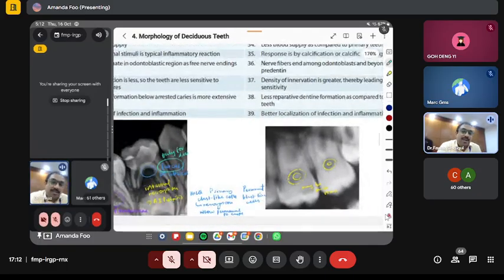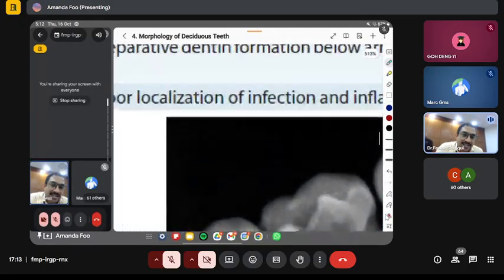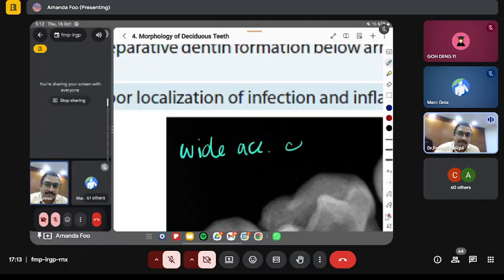Okay, so what happens is infection from the pulp can easily go into the furcation area if there are wide accessory canals in primary molars. So that is why in primary molars, because of these wide accessory canals on the floor of the pulp chamber and the thickness of dentine is very less, we have more furcal abscesses in primary as compared to the permanent.